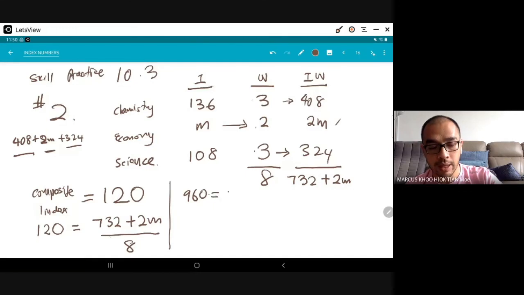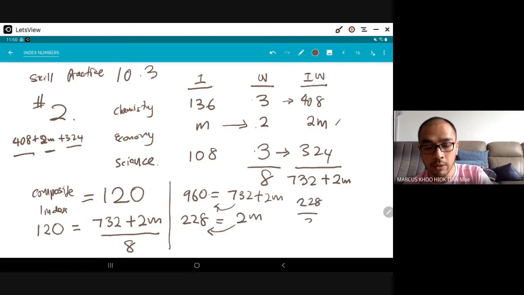So 960 equals 732 plus 2M. Bring the 732 across. So 960 minus 732 becomes 228 equals 2M. And then I can bring the 2 across. So 228 divided by 2 equals M. Divided by 2 will be 114. M equals 114.